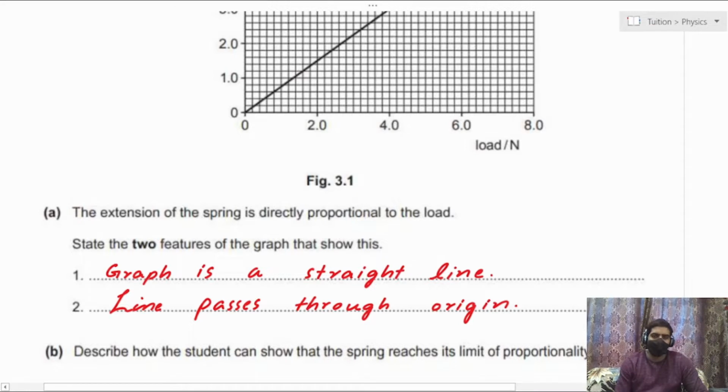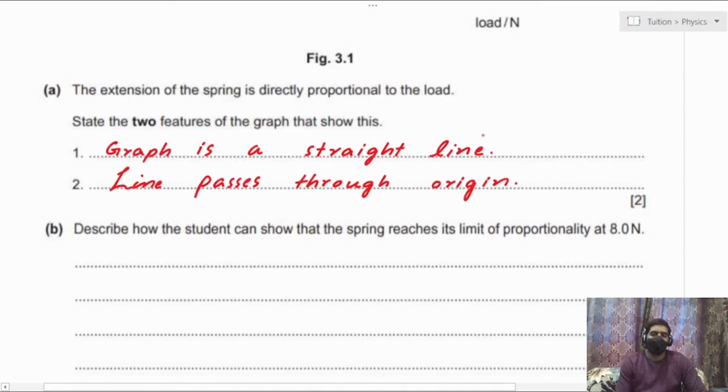It would not be an independent feature, because if increasing the load increases the extension, then the graph would be a straight line. It is just another way of describing the first pointer. So that's why you have to write these two features.